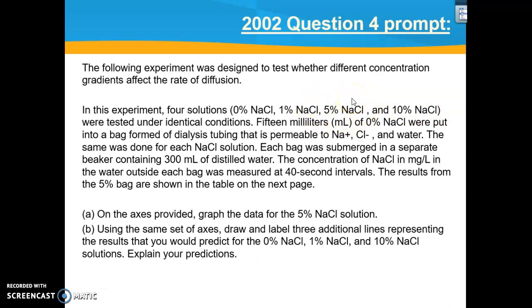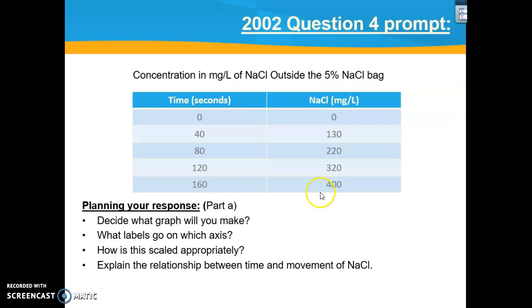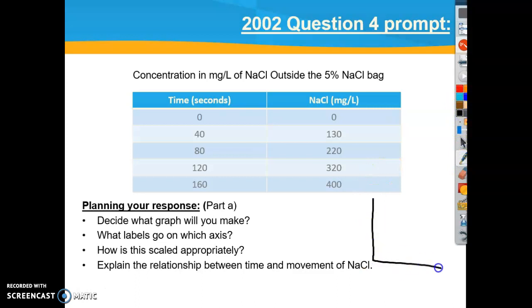So as you look at the data, it might take you a second to go, okay, wait, what am I looking at? So I want you to visualize for me that we have one of those dialysis tubing experiments set up. We have the tube, and in this case, we were talking about 5% sodium chloride, and this bag is submerged in water.